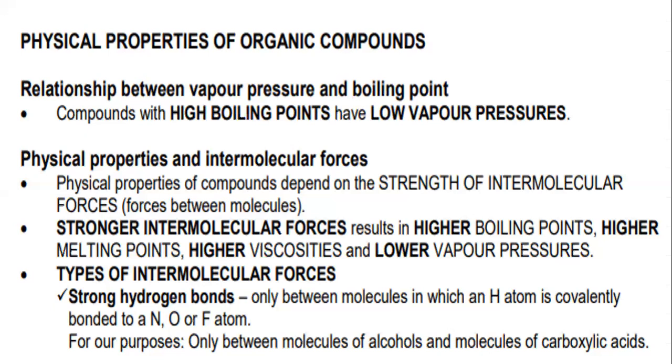We note that carboxylic acids have stronger hydrogen bonds because they have two sides for hydrogen bonding. But alcohols only have one side for hydrogen bonding.